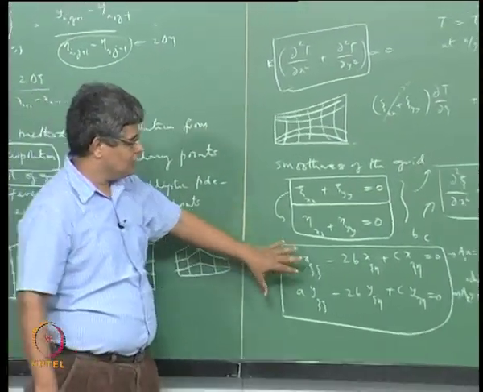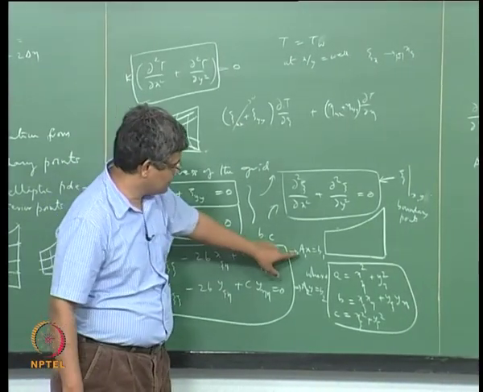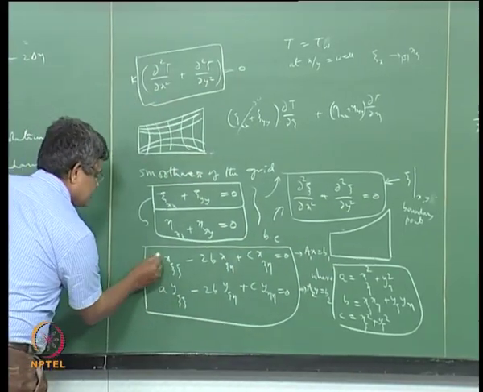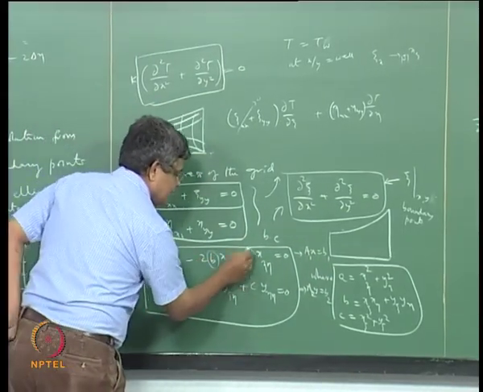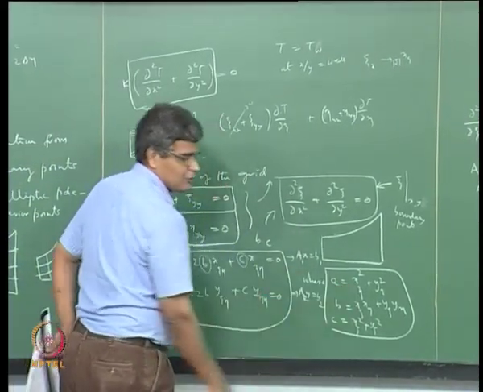So in order to transform these partial differential equations into a1x equal to b1 like this, we obviously need to know the coefficients a, b, c. They themselves depend on this, so these are not known a priori.